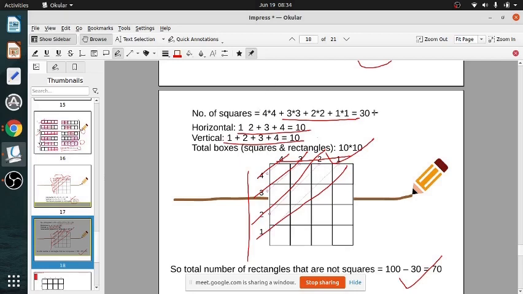So calculate the squares as 4 into 4, 3 into 3, 2 into 2, 1 into 1, and calculate the horizontal sum and vertical sum and multiply. So you get 100, then subtract. This includes squares and rectangles, and this is only squares, so you subtract to get only rectangles which are not squares.